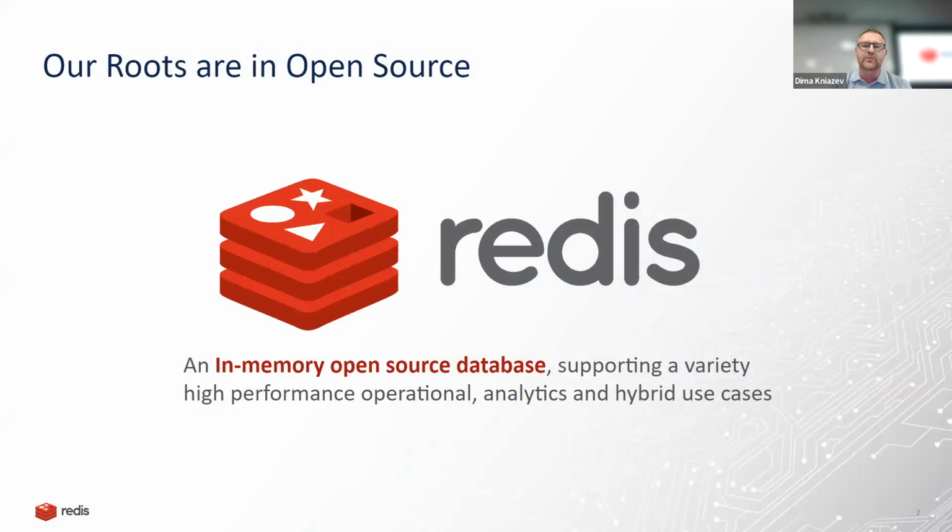So I'll talk a little bit about Redis in general. Redis itself is an in-memory database, and I'm sure many of you are familiar with Redis already. Many developers use it as a caching mechanism, as a key value store to bring in the data from slower data sources like relational databases, maybe data warehouses, and then put this into in-memory key value store and then have quick access to the data essentially.